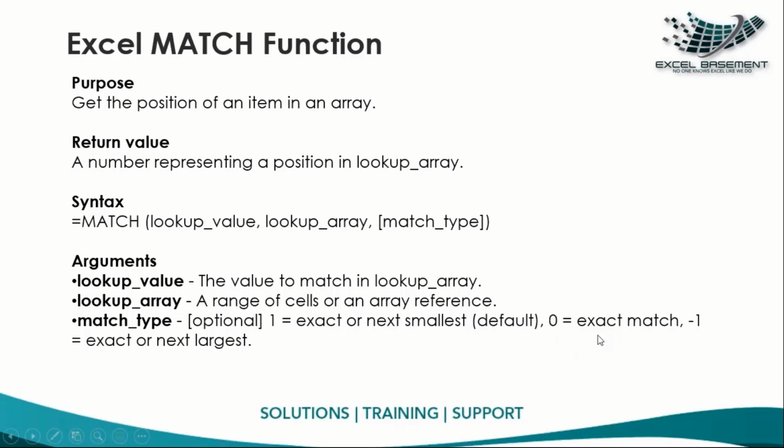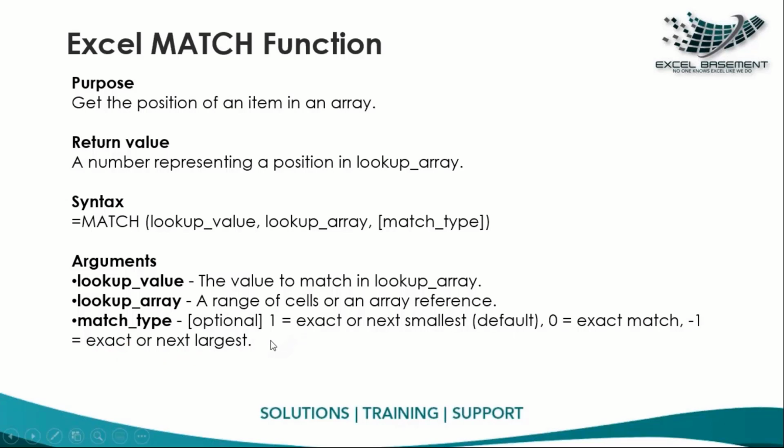I hope that most of you have applied VLOOKUP in your spreadsheets, and in VLOOKUP we have seen that the last argument is either TRUE or FALSE. But in the MATCH function we have three types: 0 for the exact match, 1 for the exact or next smallest, and -1 for the exact or the next largest.